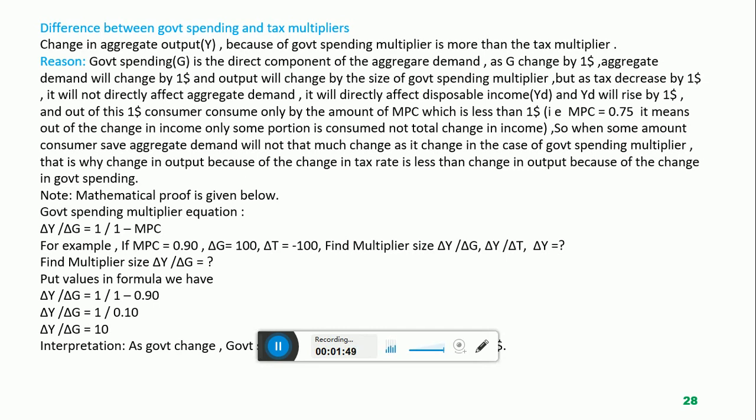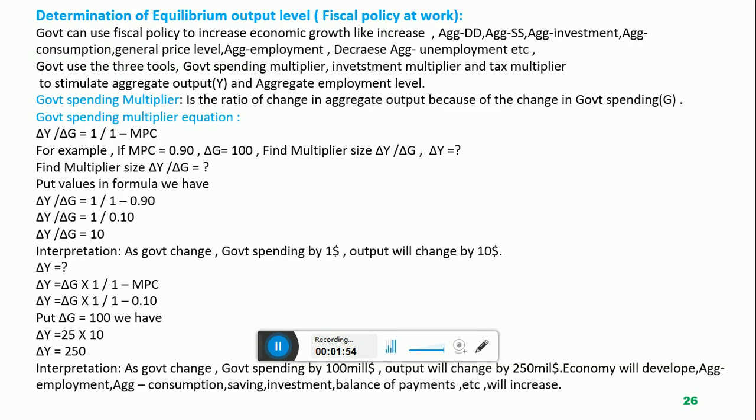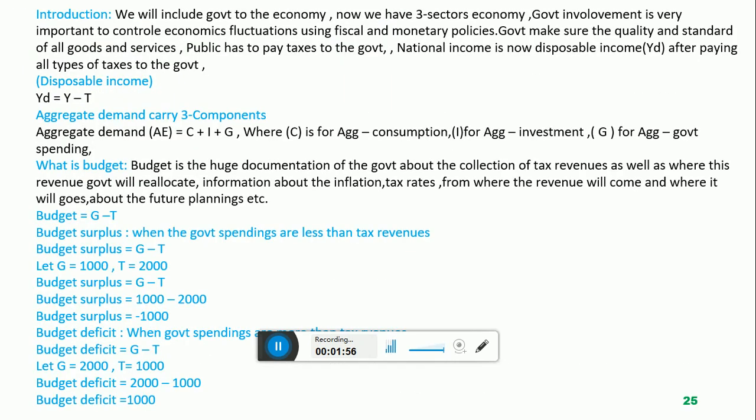Let me take you to the aggregate demand and its three components. Aggregate demand has three components. You can see, students, aggregate demand is AE. A stands for aggregate, E stands for expenditures.